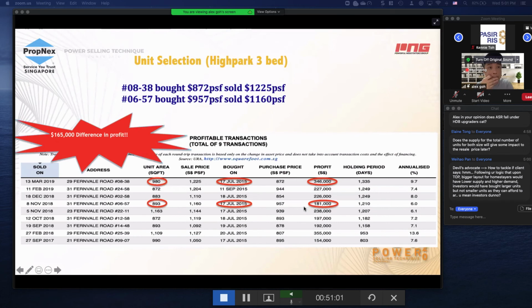Yeah, so I was saying, if let's say the client says that following your logic, upon TOP, the bigger layouts that are more suitable for home stayers, since the area is mostly for HDB upgraders, would have commanded a lesser supply and higher demand, then wouldn't the investor in the first place have bought a bigger unit?